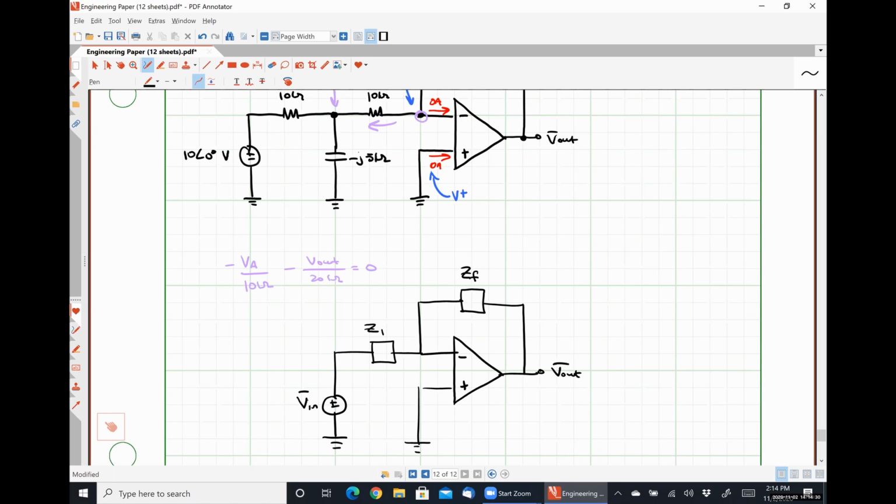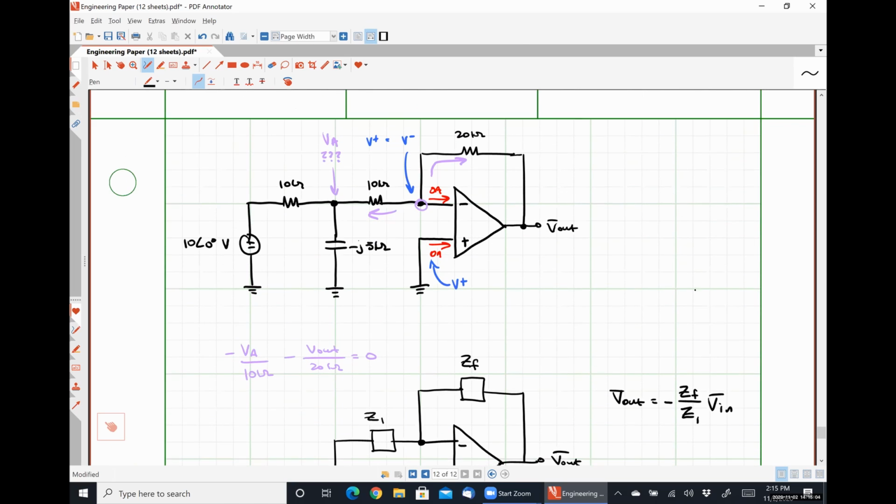This circuit, which we've analyzed several like this circuit, except not with impedances, is a simple inverting amplifier circuit. And you may or may not remember, it's okay if you don't, we could do the analysis and figure out that in this case, V out would simply be our feedback impedance ZF divided by our input impedance Z1 multiplied by our voltage VF. That is the input-output relationship for an inverting amplifier circuit.